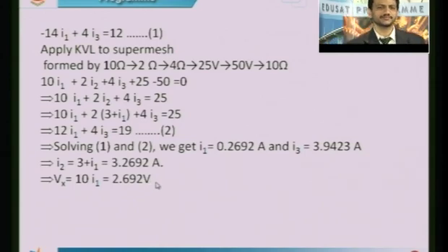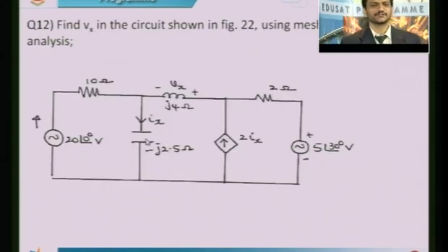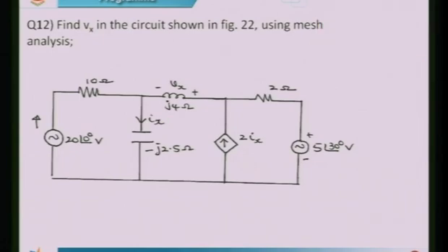Okay. So, now we will take up the problem related to super mesh again, but this time it is the AC circuit. Let us see how it goes. So, the problem has been already written on the board.